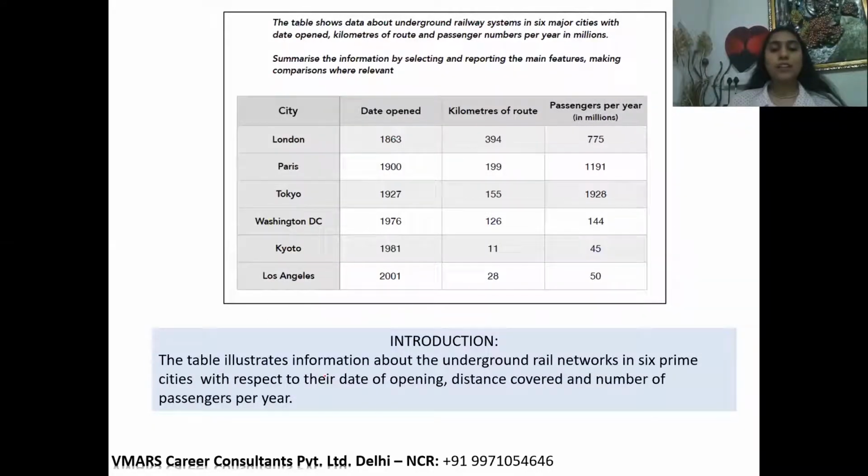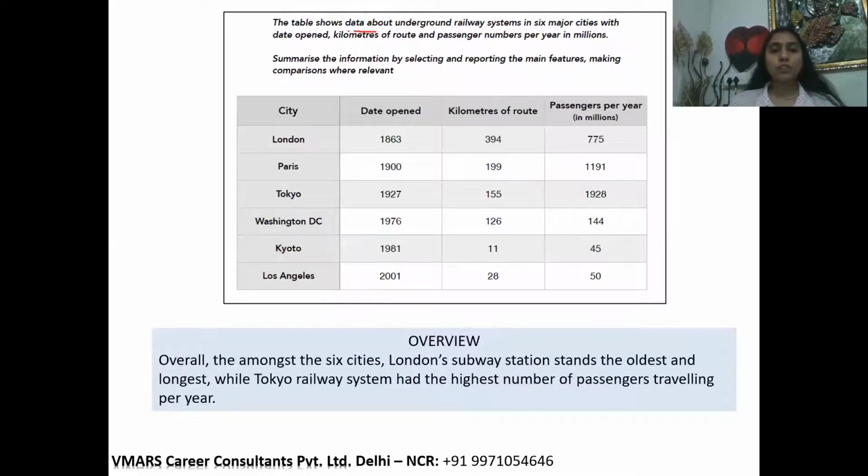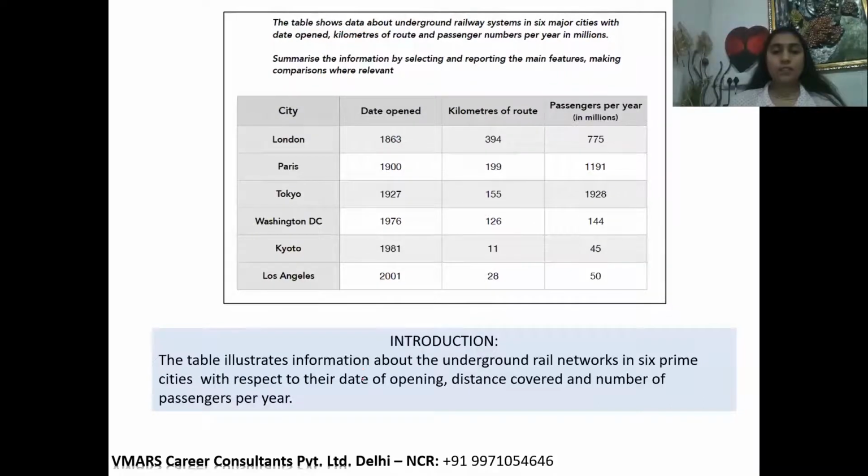The table illustrates information. Data has been changed to information. About could be changed. Underground rail networks. Underground could be subway.